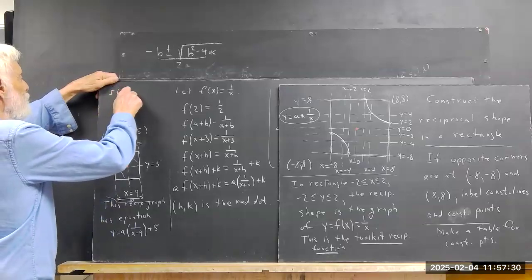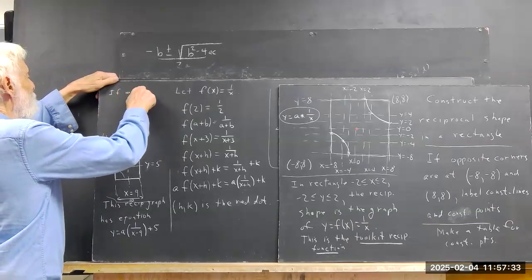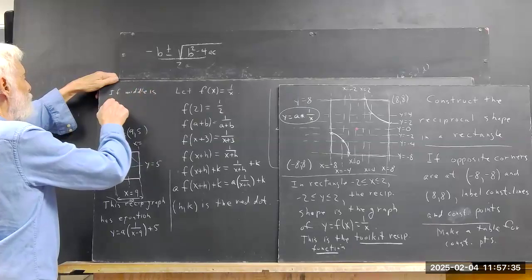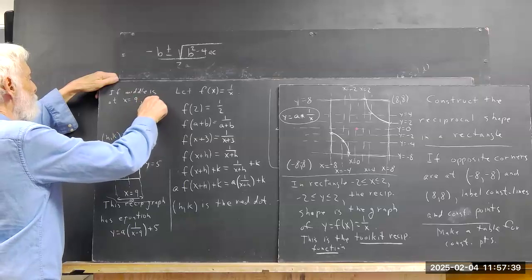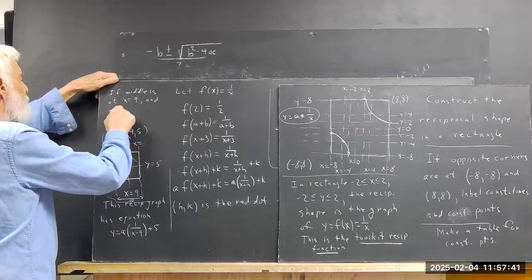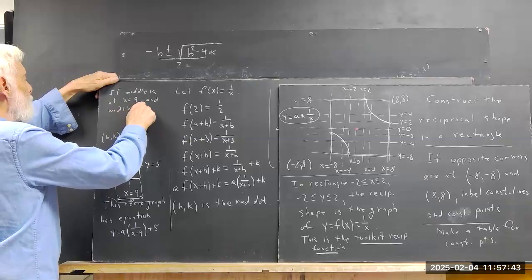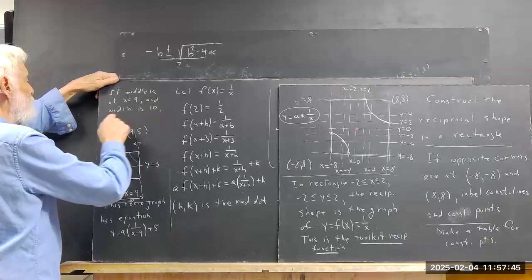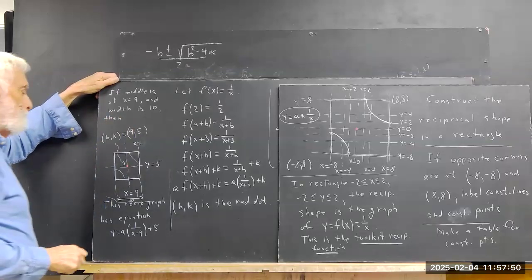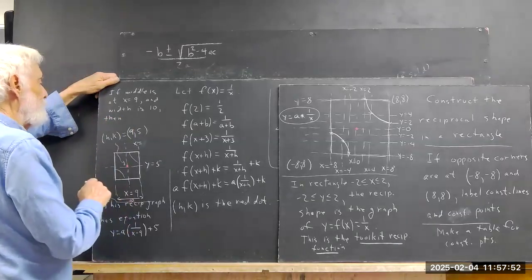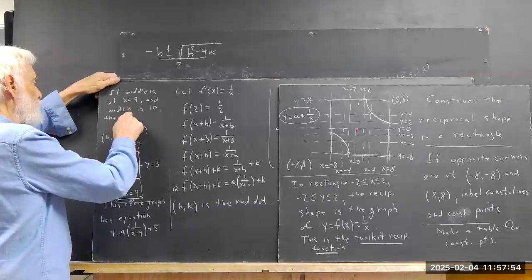So x equals, I'll write words, if the middle is at x equals 9, and width is 10, then, I don't have room to write out all my words, but I'll do it anyway.